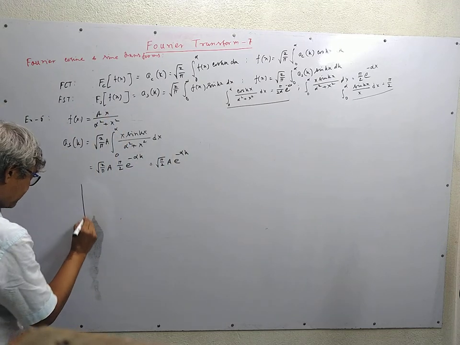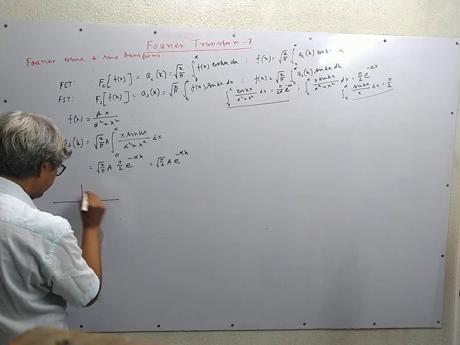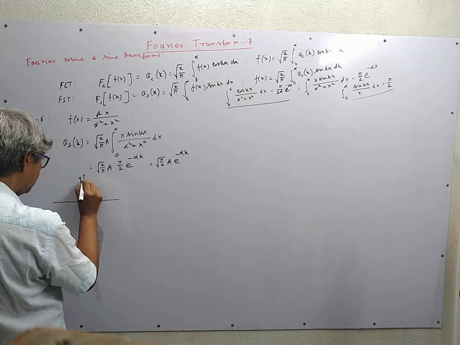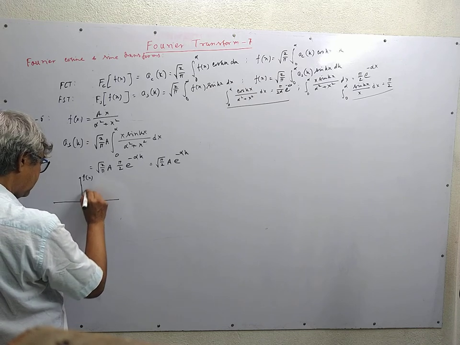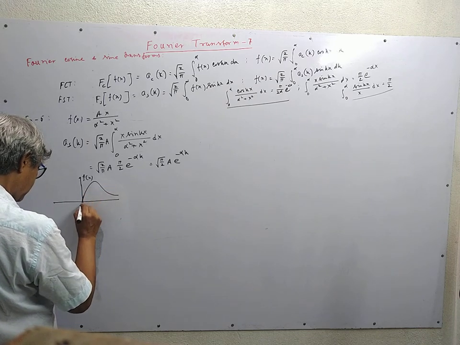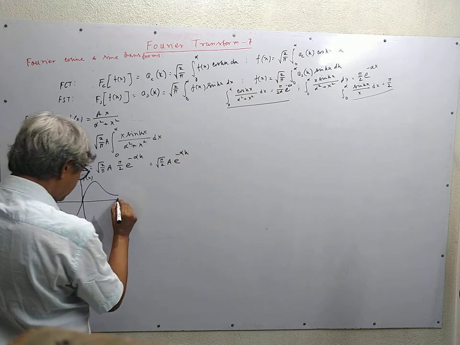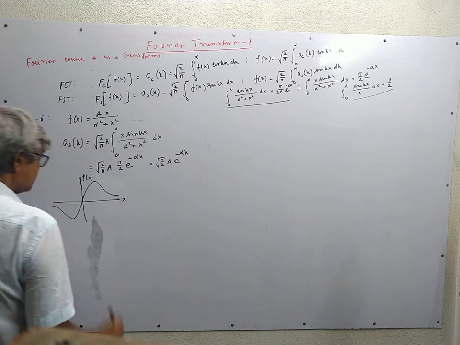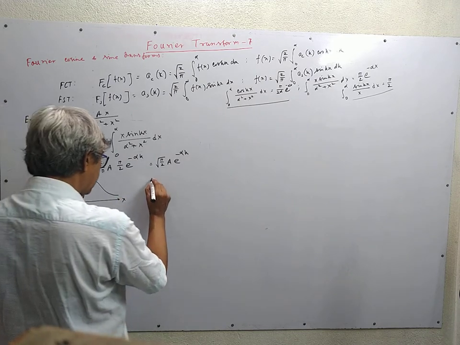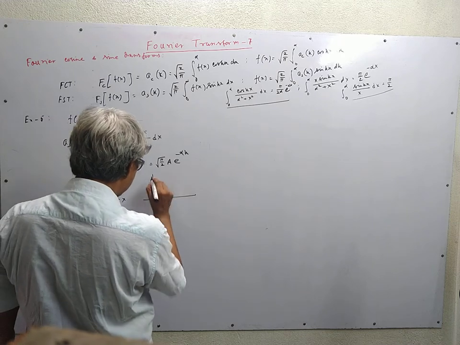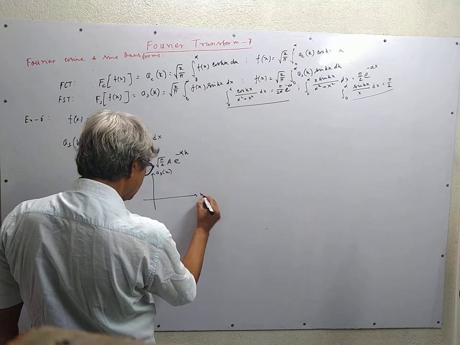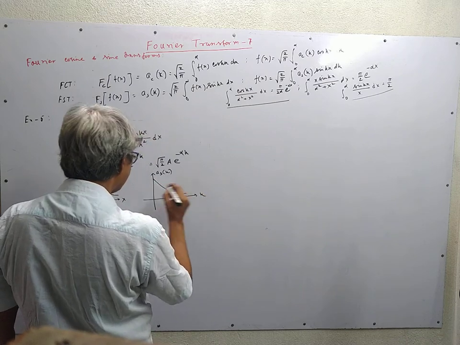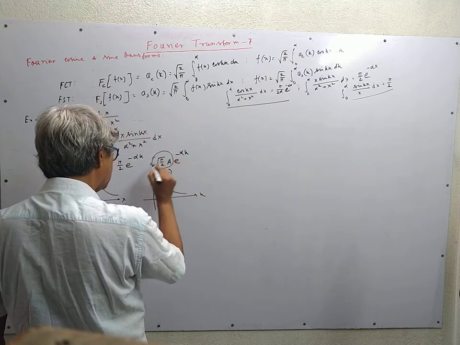If we plot this function, it is a symmetric graph, and it has an exponential decay. This peak value is this.